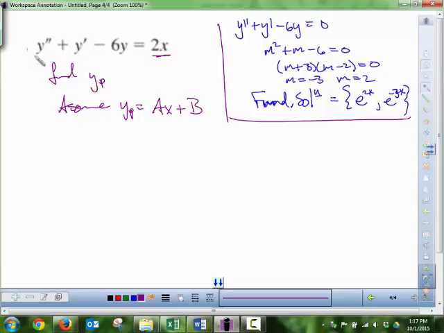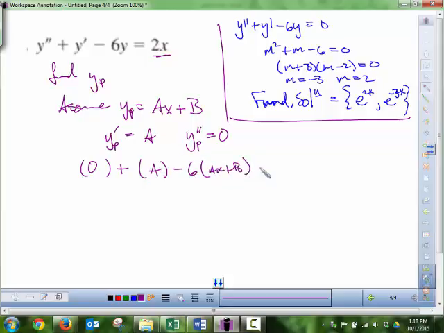We're going to take two derivatives and plug it back into the differential equation. So yp prime is a, and yp double prime is 0. So that's nice. We got 0 plus a, and then ax plus b is equal to 2x.